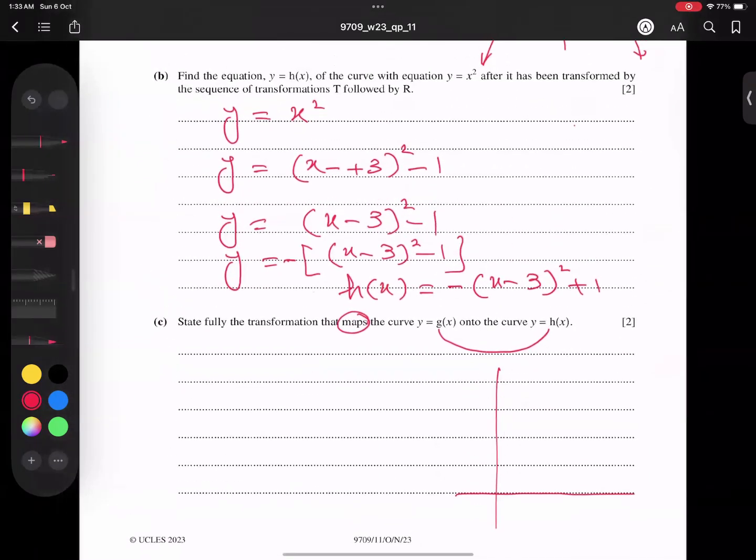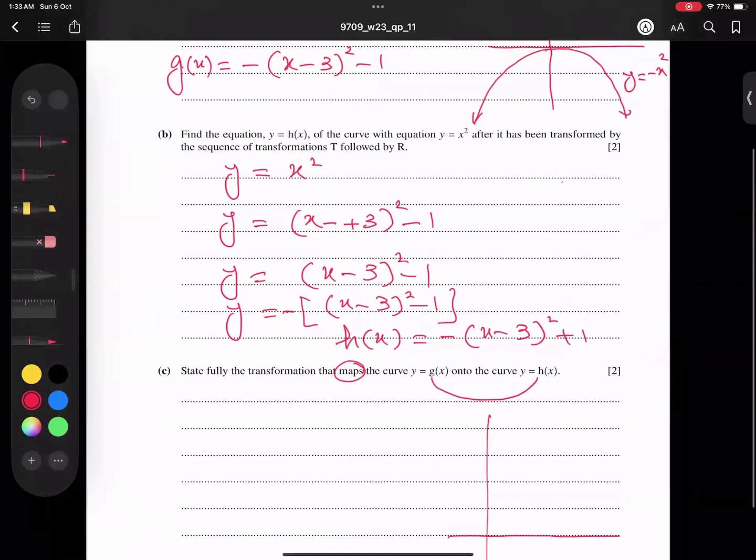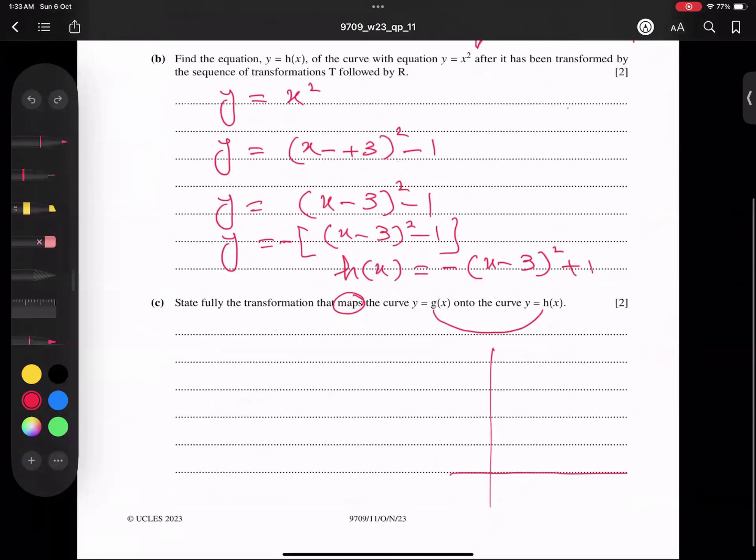What is the turning point of this? 3 and minus 1. Hold on, 3 and minus 1. X is 3, y is minus 1.